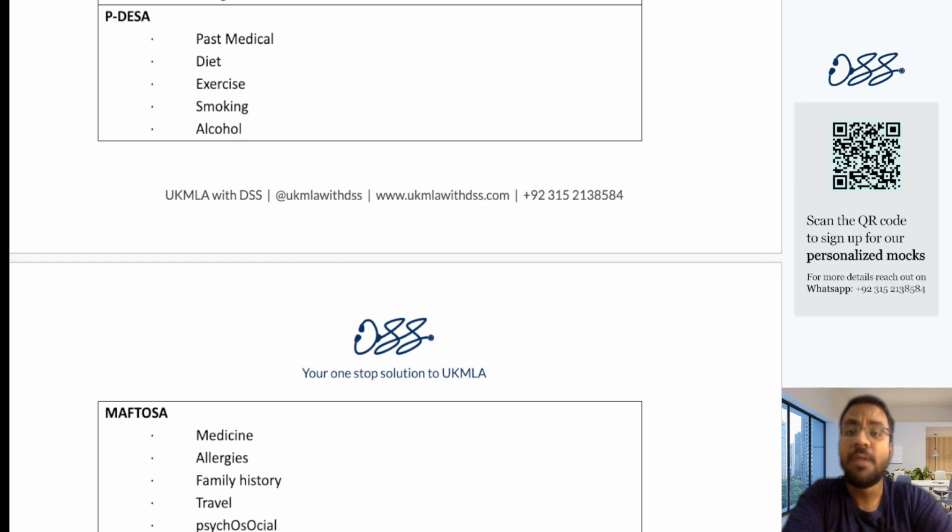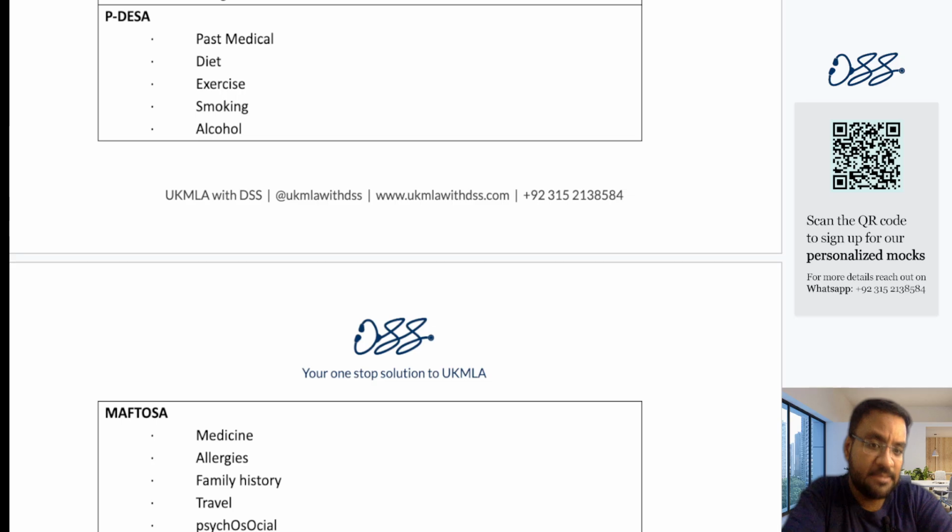So instead of asking, "By any chance, are you having any other medical condition that I should be aware of?", you could frame your questions in a way that is more specific and much more time efficient by saying: any diabetes, any hypertension, any cardiovascular diseases. So always try to be specific.